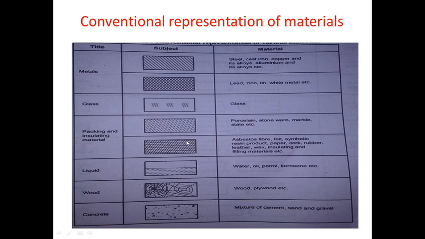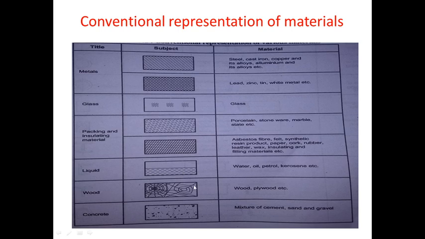So when we show this symbol on the sheet, it will represent the conventional representation of insulating material. Similarly, for different types of liquids like water, oil, petrol, kerosene, etc., we use this symbol in which a rectangle is present and inside it we draw dotted lines followed by a straight continuous line. This symbol will represent different types of liquids.